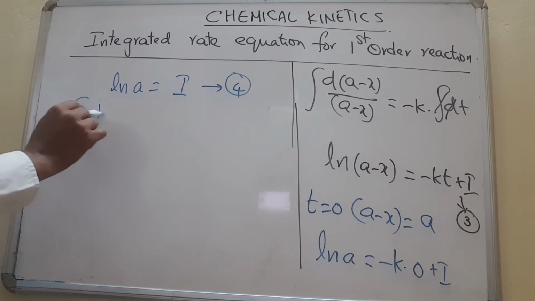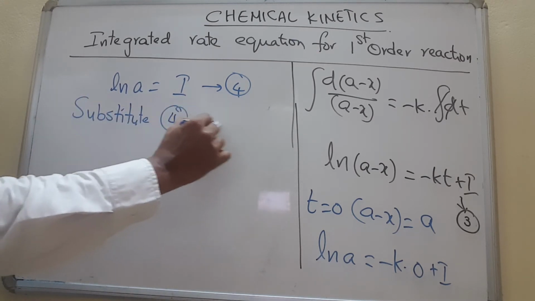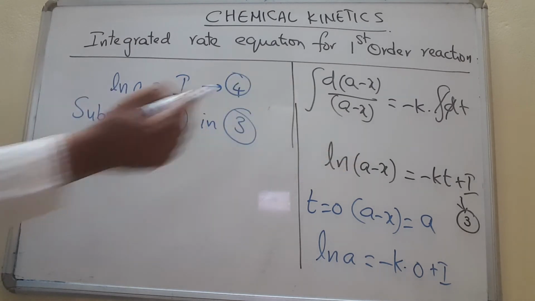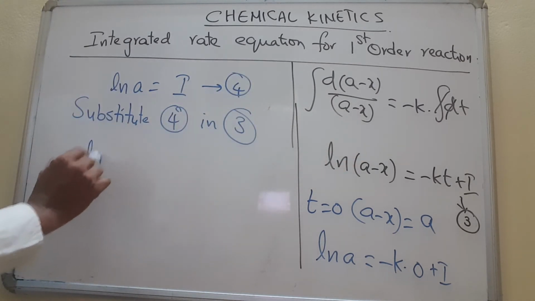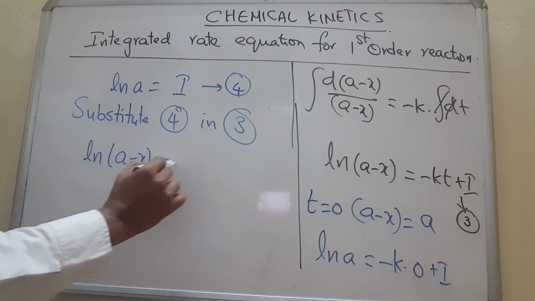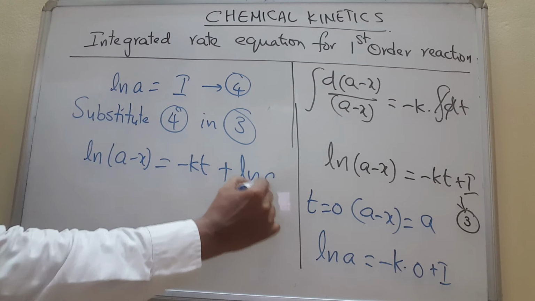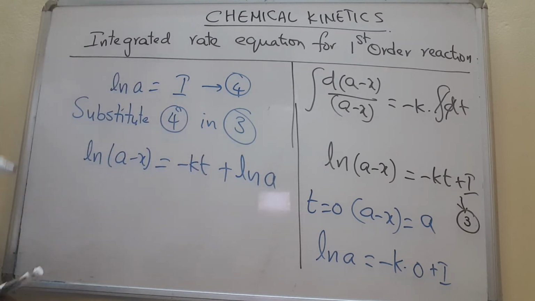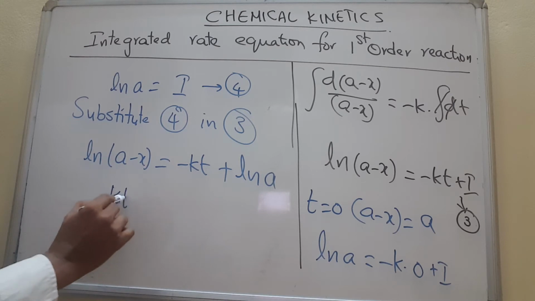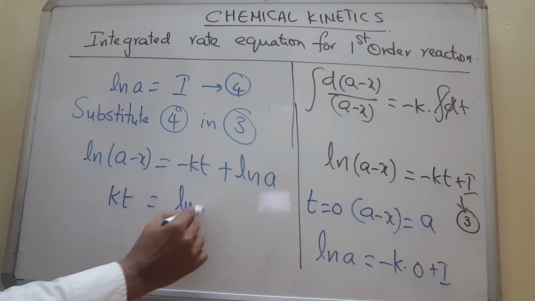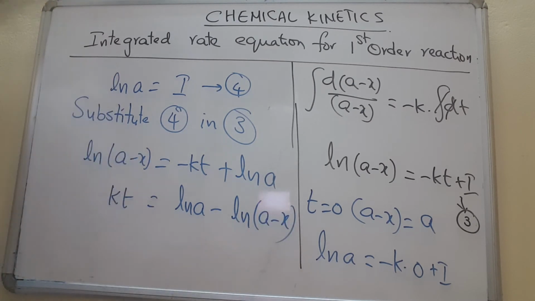Now substitute 4 in 3. What is the third equation? This one. So now we substitute: ln of a minus x is equal to minus kt plus I, where I is ln a. Just rearrange these terms. Then kt is equal to ln a minus ln of a minus x.